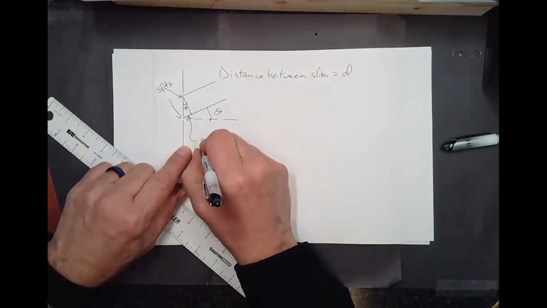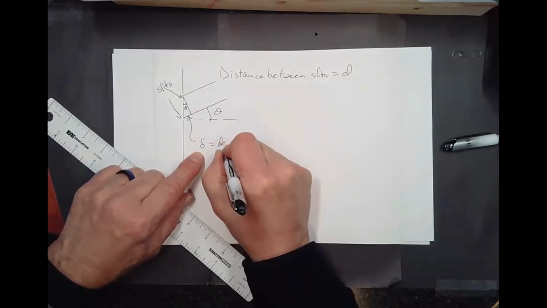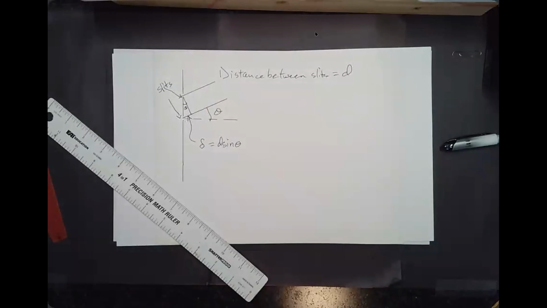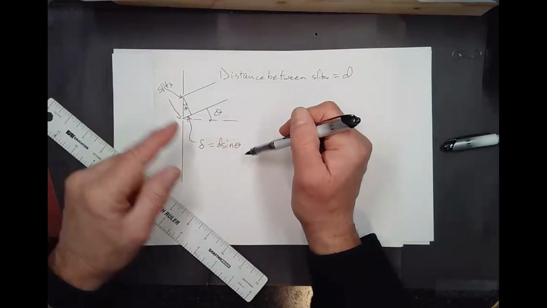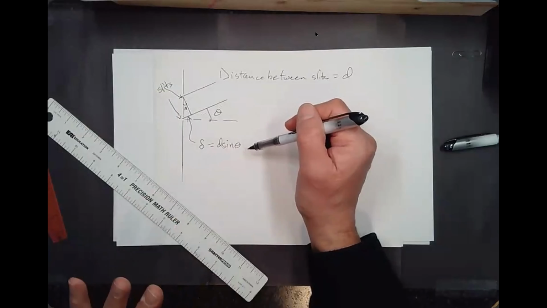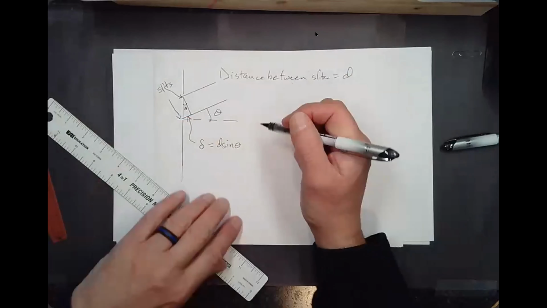They've been using the letter lowercase delta for that, but it's equal to d sine theta. And it turns out that things will arrive in phase if that distance happens to be equal to one wavelength or two wavelengths, or even zero wavelengths if you go straight ahead.